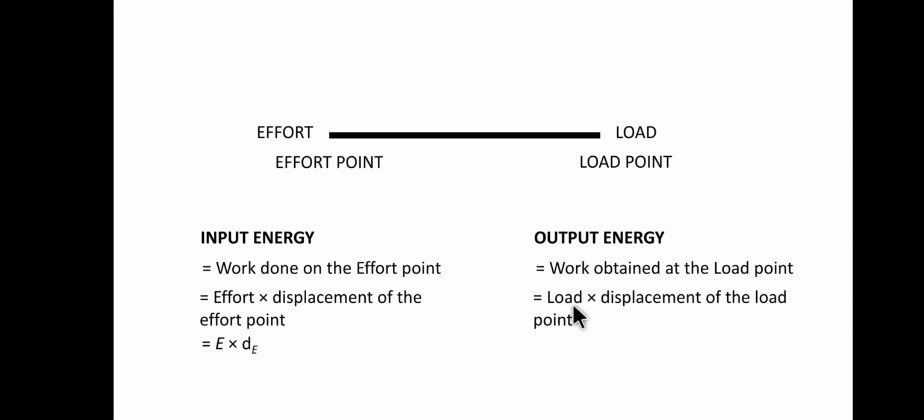Here, the force is called the load and it is multiplied with the displacement of the load point. So this is represented as L for the load multiplied by DL, that is the displacement of the load point.